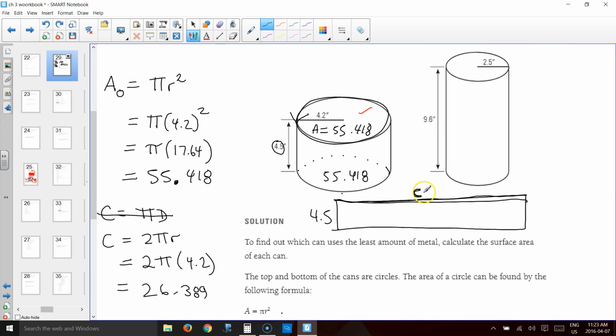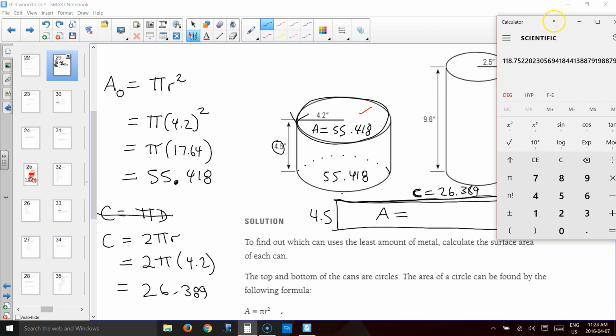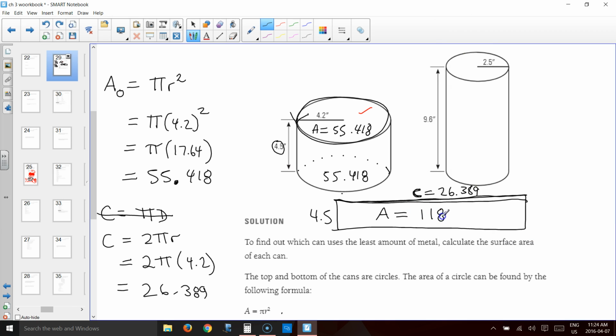So we know that this circumference that goes all the way around here matches this long edge, 26.389. So we now know that we can find the area of this. It's simply multiply the length times the width. So multiply 4.5 times 26.389. I'll take that amount and times it by 4.5, and I have 118.752.